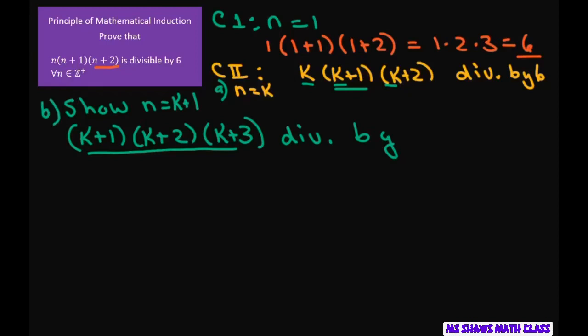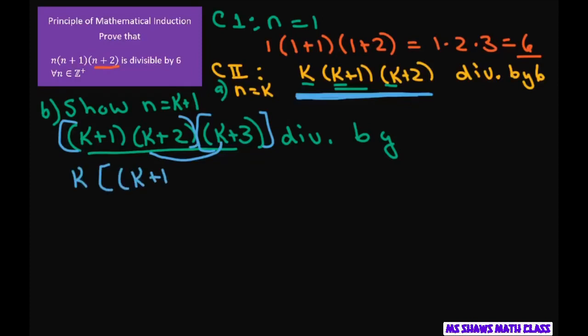All right. Now, what we want to do is make it look like this, because we already know that this is divisible by 6. So what I'm going to do is take this part and distribute it. I'm going to distribute the k to this part, so that's going to be k times k plus 1 times k plus 2.